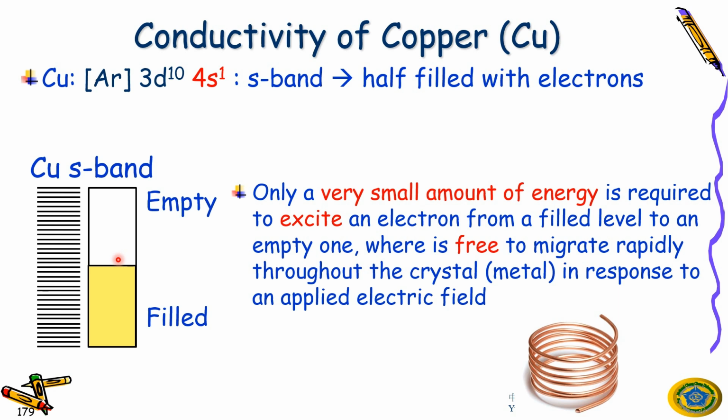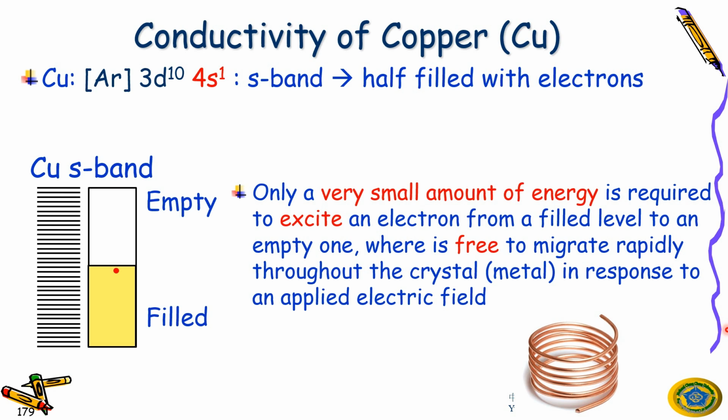And what are you waiting for? If you apply a voltage from here to here, this electron is free. This electron will run from negative to positive, right? So the electron will run through this coil. So this is the definition of conductivity.